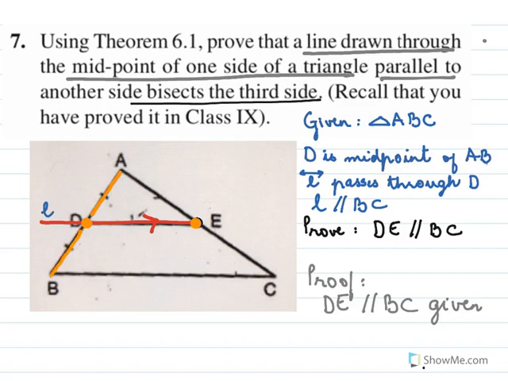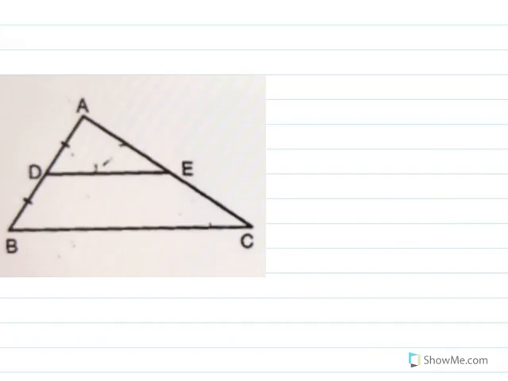So I can say now AD over DB equal to AE over EC, and that's what I'm going to write: AD over DB equal to AE over EC, and this is by BPT. It is also given to us that D is the midpoint.